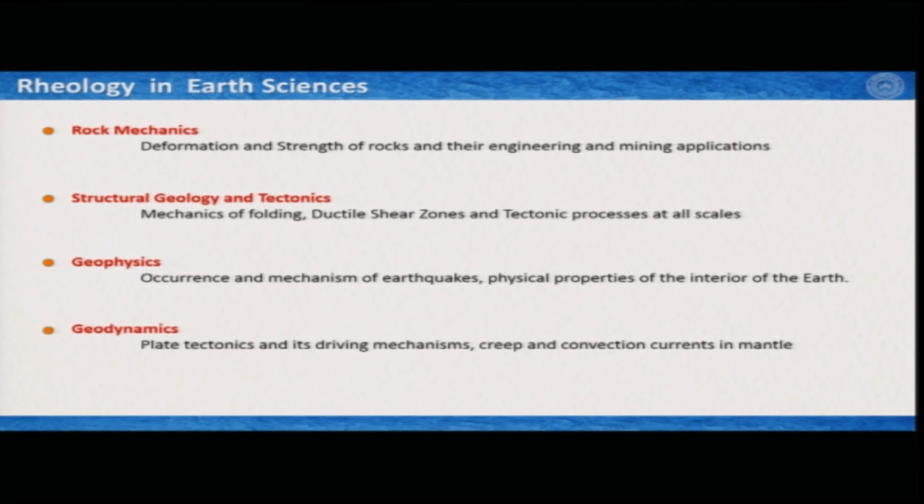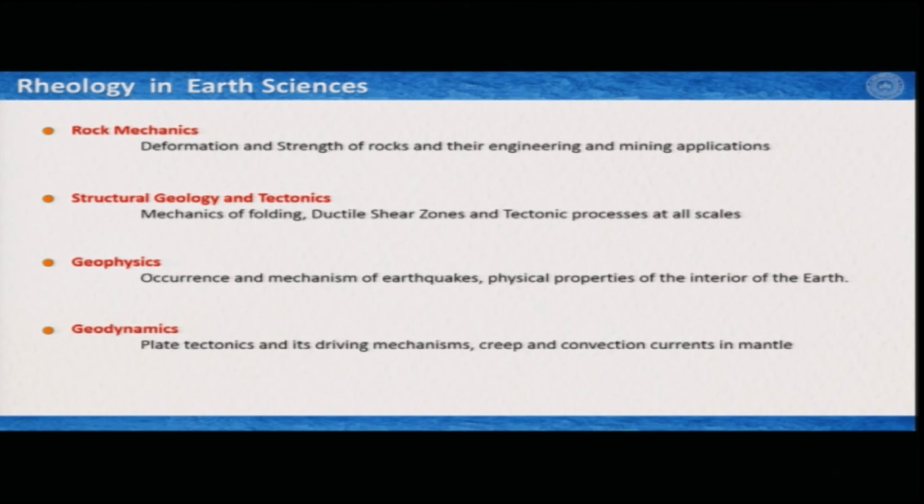In structural geology and tectonics, essentially we use rheology to better understand the mechanics of folding, ductile shear zones, and various tectonic processes at different scales. We consider rheology heavily when we try to understand the processes of solid earth geophysics, like the mechanism of earthquakes and physical properties of the interior of the earth, and of course geodynamics uses the applications of rheology heavily.